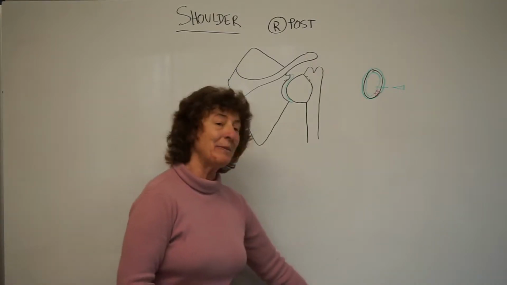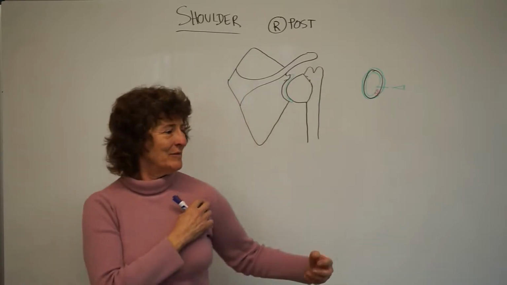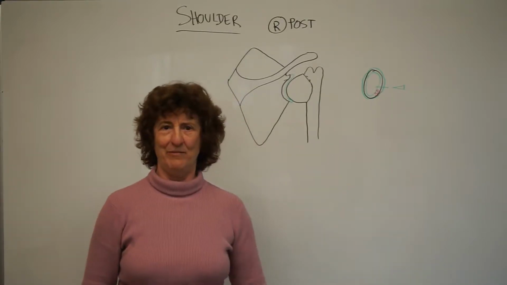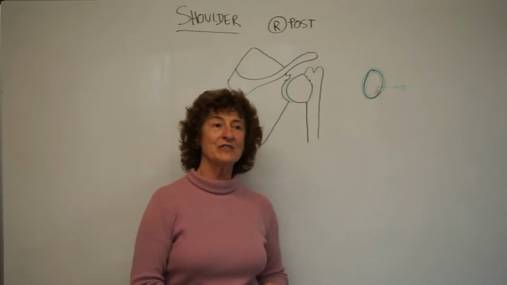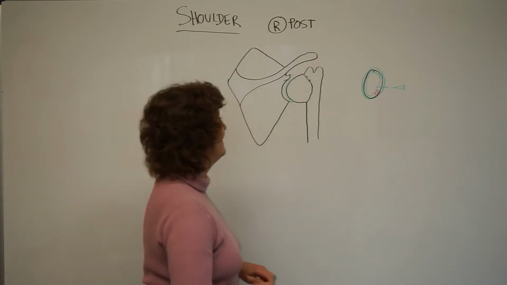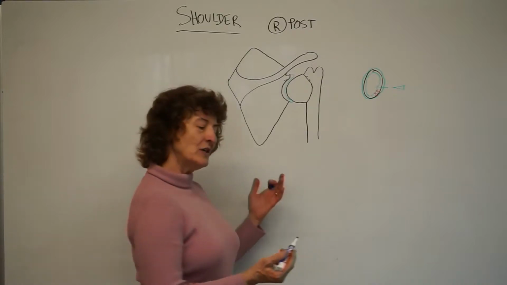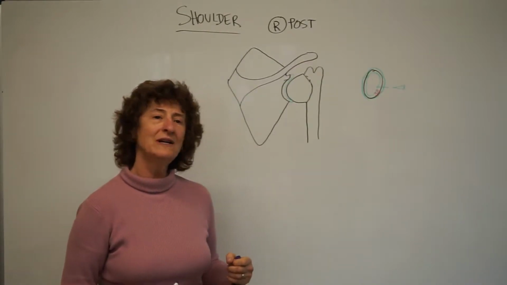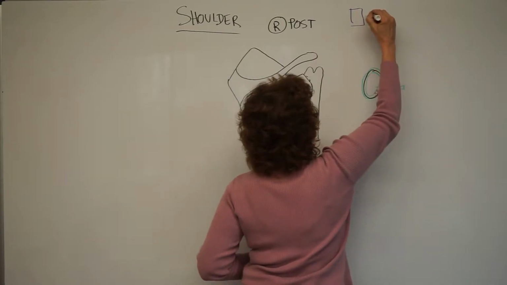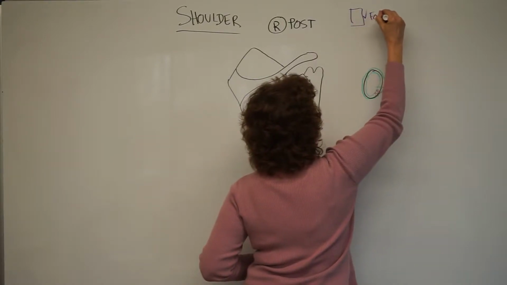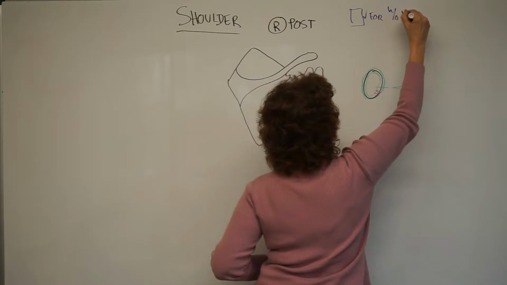Now, at times you'll get a patient who says, yeah, my shoulder dislocates all the time. And you're questioning that. Or perhaps they had something happen in their history that suggests they had an anterior dislocation. So we can do a test called the apprehension sign. So we're going to check for a history of dislocation.